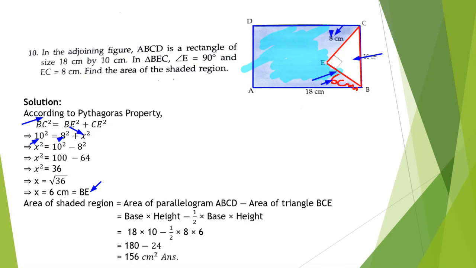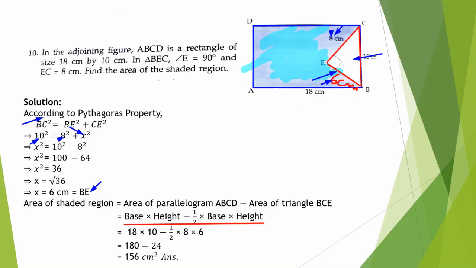So area of the shaded region is area of parallelogram ABCD minus area of triangle BCE. You know area of parallelogram is base into height and area of triangle is half into base into height. Here I must mention that rectangle is also a kind of parallelogram. So either you apply base into height or you apply length into breadth. In both cases, the formula remains same.